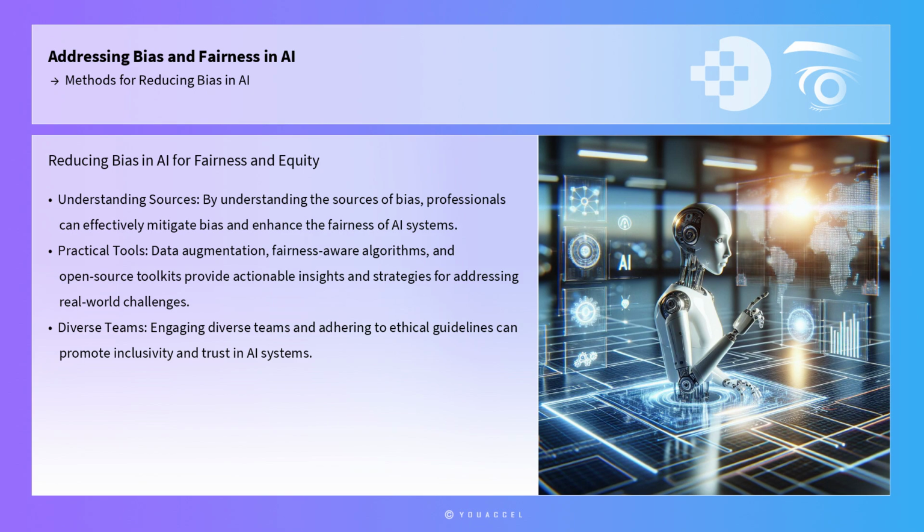Data augmentation, fairness-aware algorithms, and open-source toolkits provide actionable insights and strategies for addressing real-world challenges. Furthermore, engaging diverse teams and adhering to ethical guidelines can promote inclusivity and trust in AI systems. Through continuous evaluation and improvement, organizations can create AI systems that align with ethical standards and deliver positive societal outcomes.